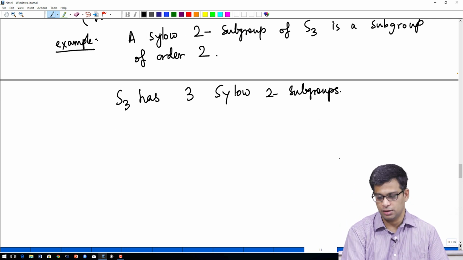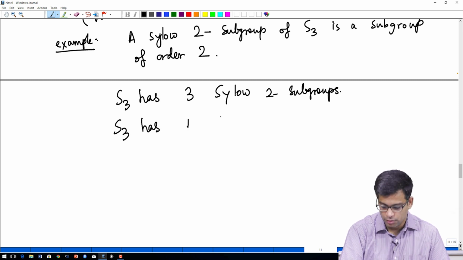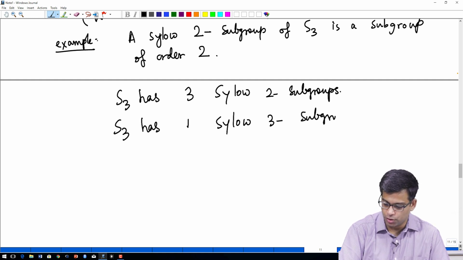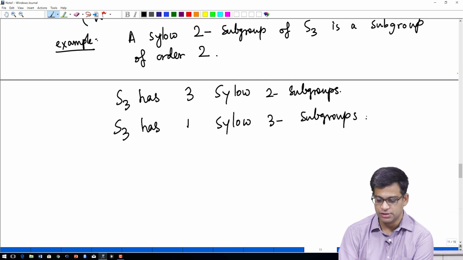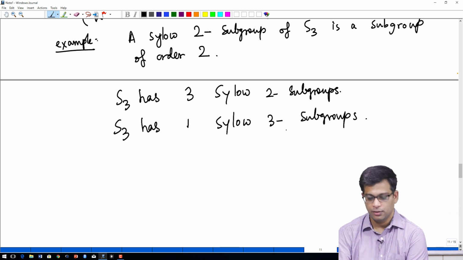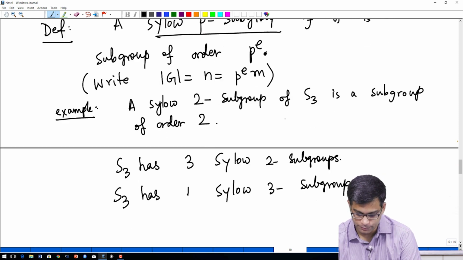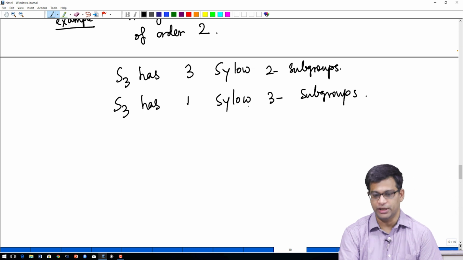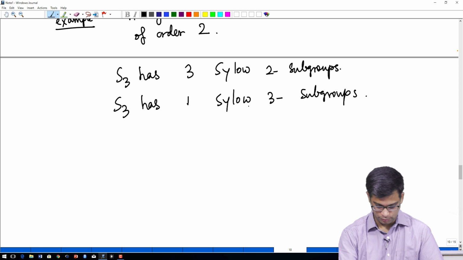So there are 3 Sylow 2 subgroups of S3. On the other hand, S3 has only one Sylow 3 subgroup. I want you to get used to this notation. What is a Sylow 3 subgroup of S3? What is its order? Remember, 6 is written as 3 power 1 times 2. So a Sylow 3 subgroup has order 3, and there is only one subgroup of S3 which has order 3.